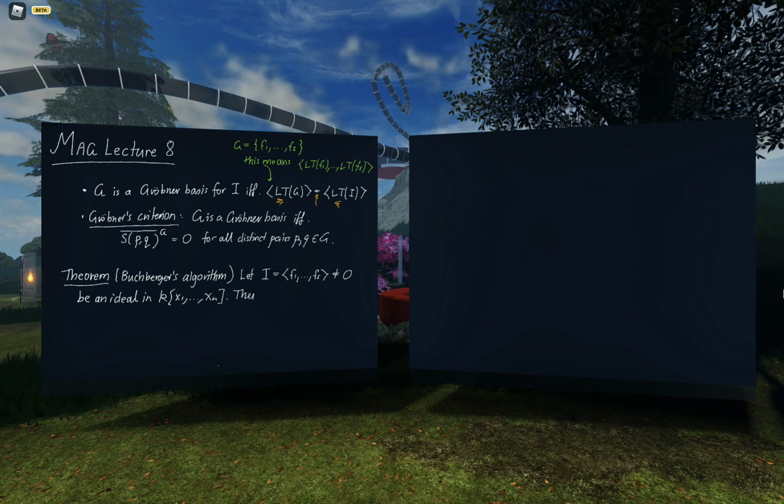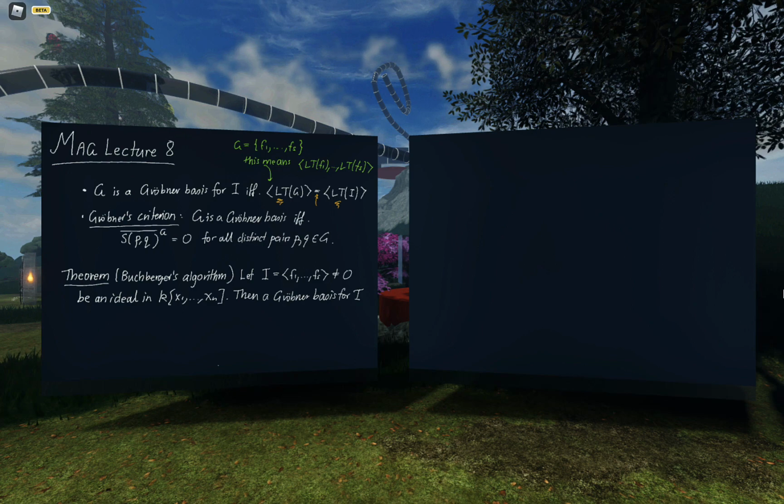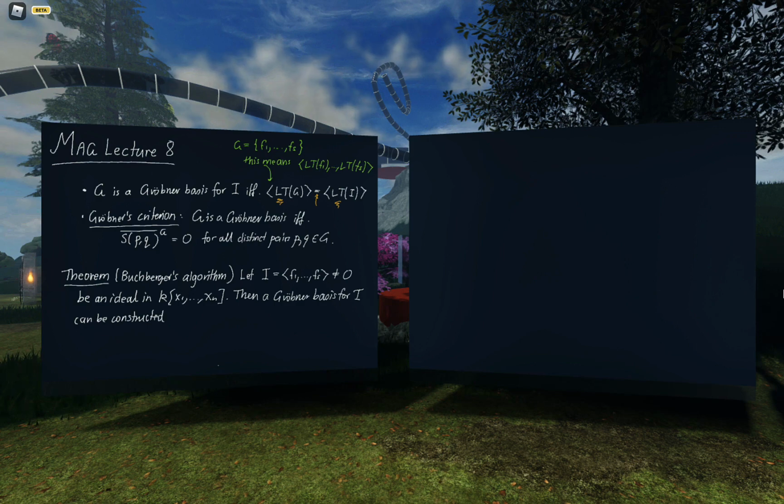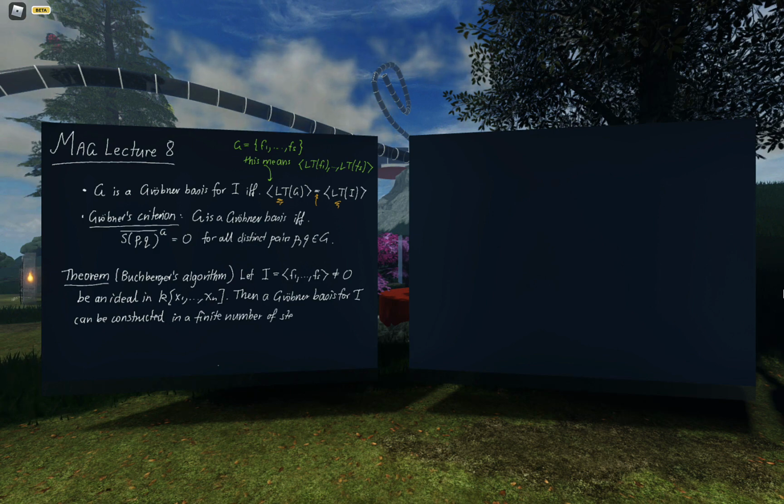Then a Gröbner basis for I can be constructed in a finite number of steps by the following algorithm.